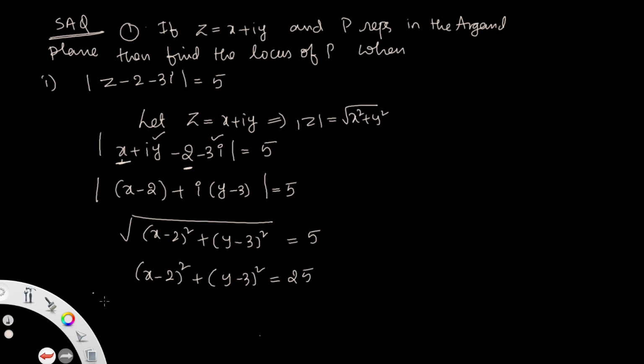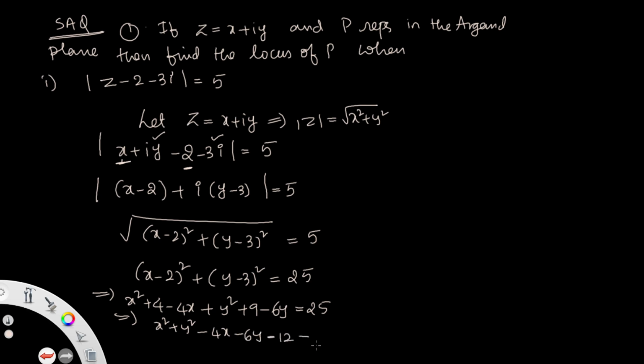Simplify: x square plus 4 minus 4x plus y square plus 9 minus 6y equal to 25. Then the answer is x square plus y square minus 4x minus 6y minus 12 equal to 0, which is the equation of a circle with center minus g comma minus f, that is 2 comma 3. This is the required locus.